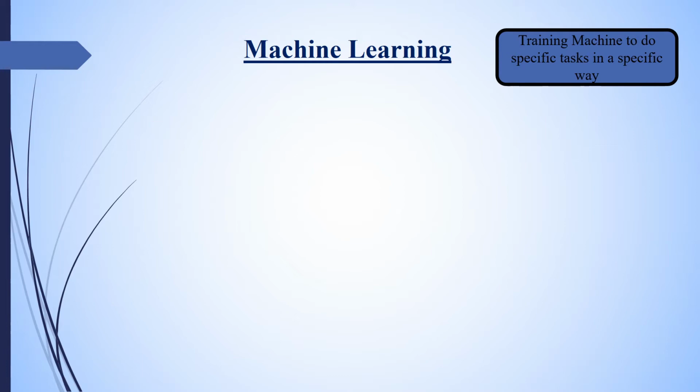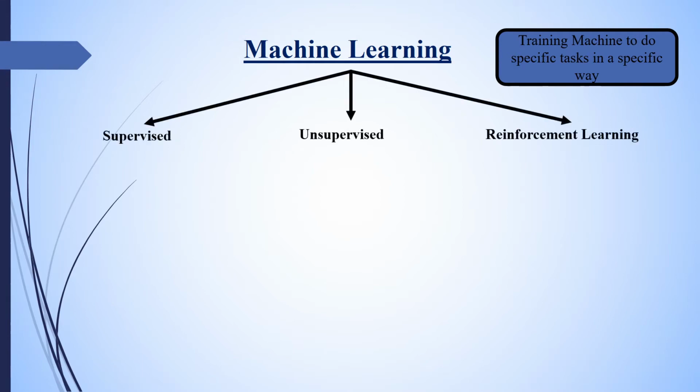Just to understand the basics, machine learning is divided into three types: supervised, unsupervised, and reinforcement learning. Let us first understand each type, their purpose, and some of the algorithms that are used in those types. Supervised learning is a method in which we provide the machine a labeled data set.